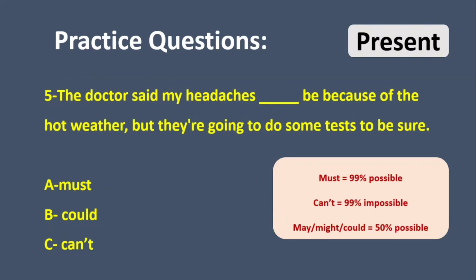So if they are not sure، هم مش متأكدين. So if they're not sure, which word would I go for? I would go for could. Could, because I'm not sure. يعني احتمال تكون بسبب الطقس الحار، لكن سوف يجروا بعض الفحوصات لأجل التأكد.